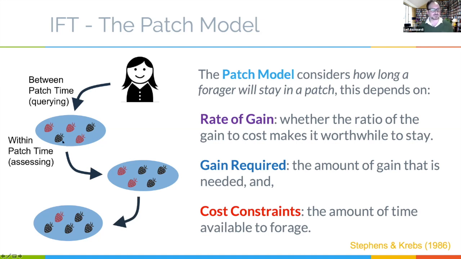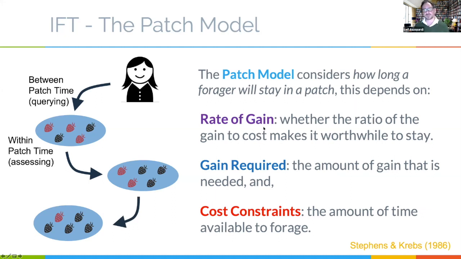So how long should they spend in this patch, assessing the items and consuming them, before moving to a new patch, and so on and so forth? Essentially we have between-patch time and within-patch time. Getting to a patch is like querying, and staying in a patch is like assessing. From this model, it's assumed that the forager has a number of considerations.